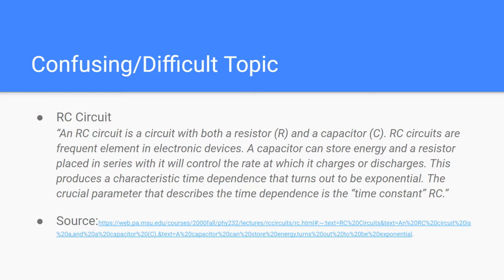A capacitor can store energy, and the resistor placed in series with it will control the rate at which it charges or discharges. This produces a characteristic time dependence that turns out to be exponential, and the crucial parameter that describes the time dependence is the time constant, RC.